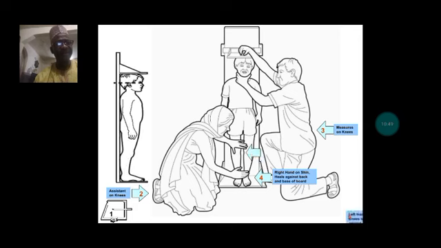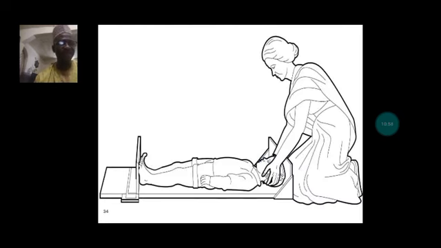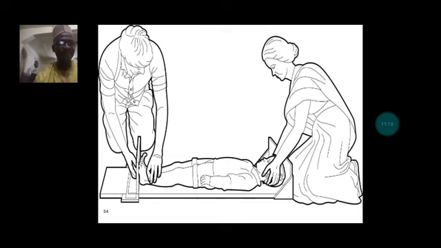This is seen. The child has to be accurately positioned. And for the length, the child has to be laid properly, the head tilted in such a way that it aligns with the board, and the measurement of the length is taken.